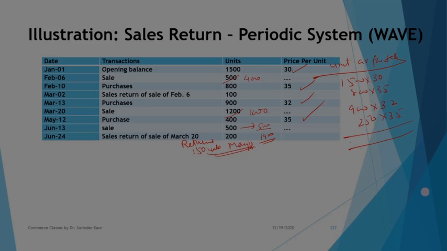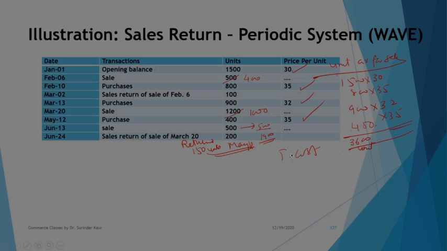So we can calculate total units, cost of goods sold, cost of units available for sale. Anyhow, right now we do not have sales return with us. So this is your total quantity available for sale, and these are the prices. So calculate total cost, and then you determine the weighted average price. These are the total units.